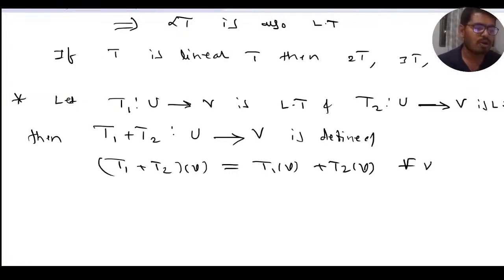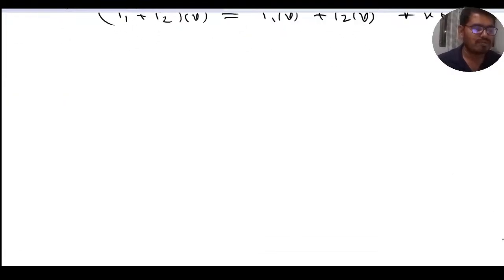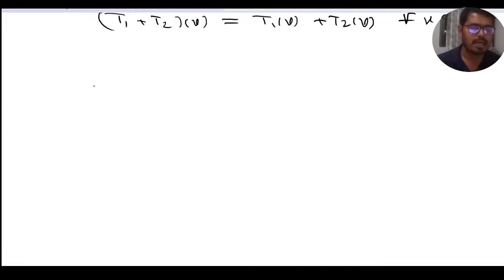It is true for all the elements in U. With respect to this definition, is T1 plus T2 a linear transformation? Yes, again T1 plus T2 is also a linear transformation.